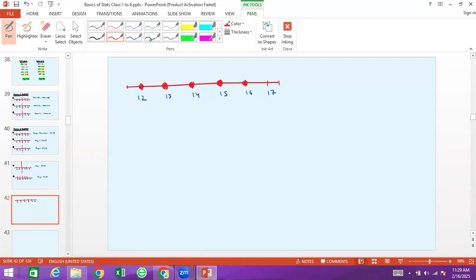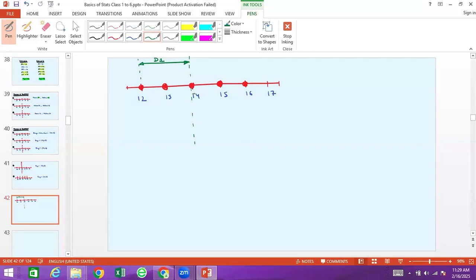So what I will be calculating is the distance of each point from the center, that is from the mean. For example, this is something that I will consider distance 1, because my mean is at 14.